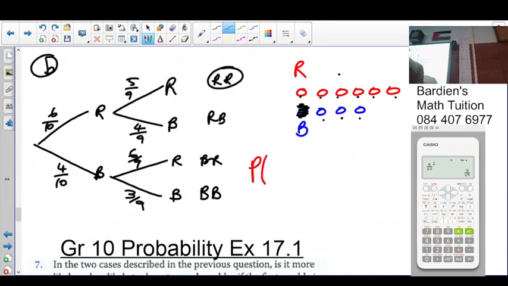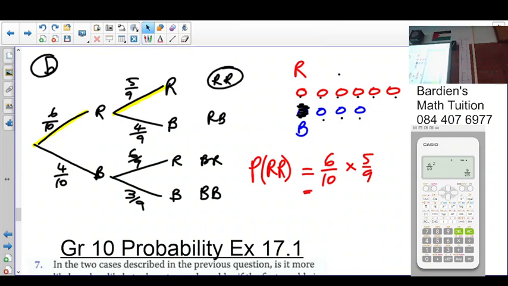The probability of red. So when I work out the probability of red, I then follow this path here. Can you see that, people? Yes. So we go 6 out of 10 times 5 over 9.